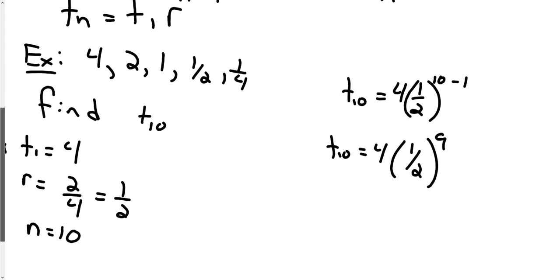Then most of your calculators are either going to have a button that looks like a little up arrow. Texas Instruments tend to have that. If you have a Casio or a Sharp, some of them might even have a button that looks like this, or x to the power of y.